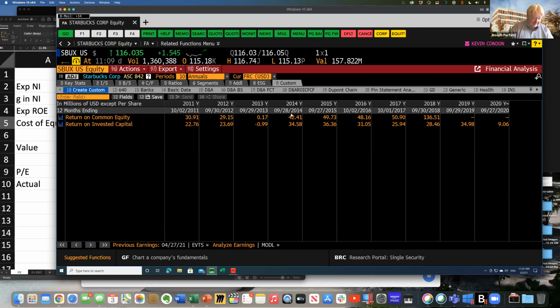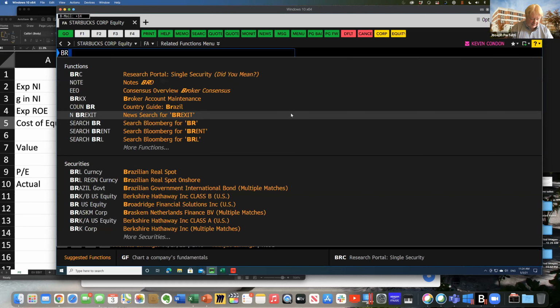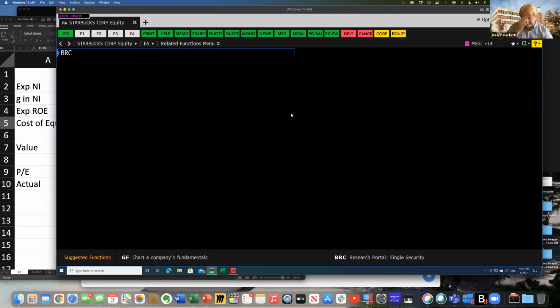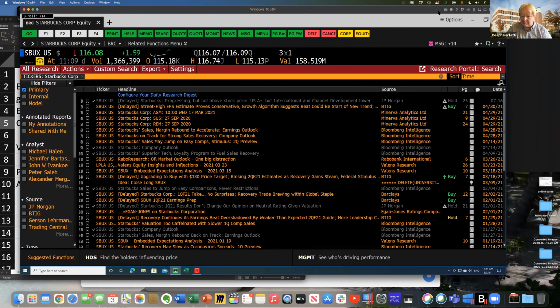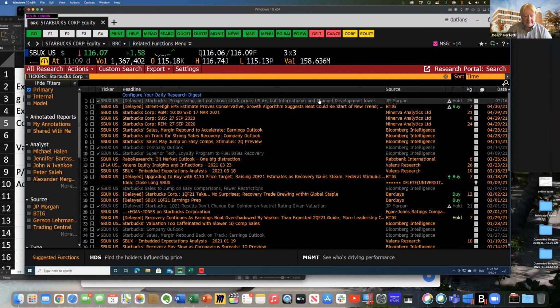We've been saying that when we looked up the tax rate of these companies, let's take Starbucks as an example, we were using a JP Morgan report that came out this morning.